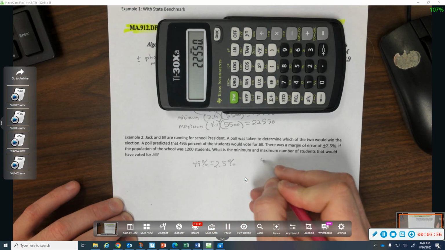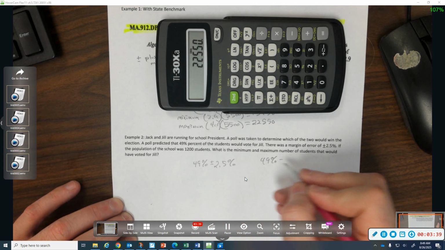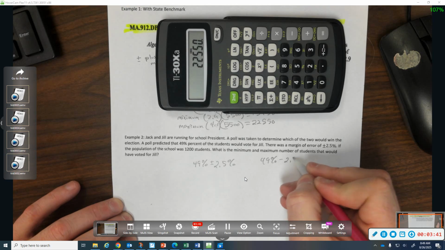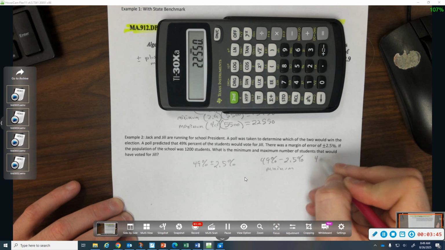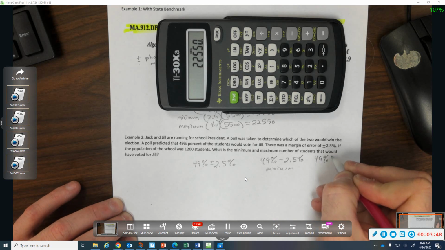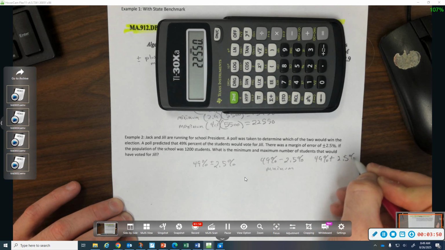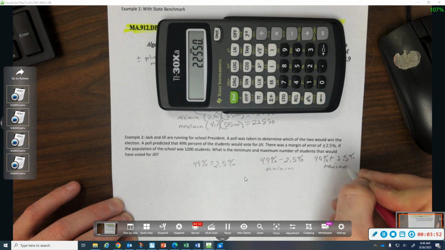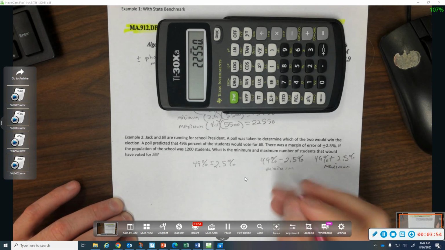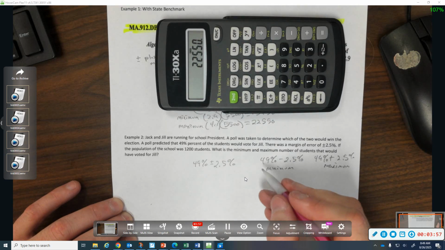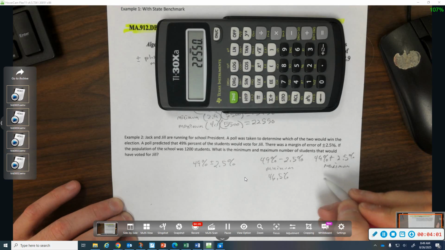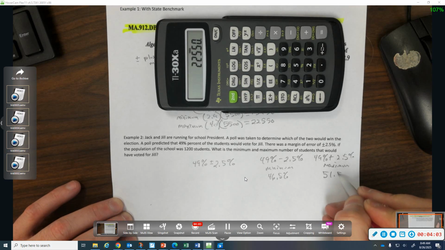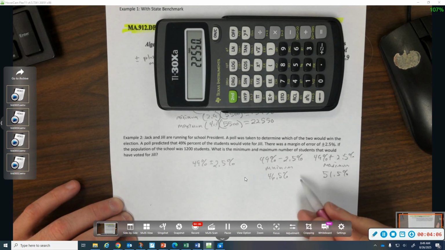I'll do the minimum first, because we're subtracting. 49% minus 2.5% gets us our minimum, and 49% plus 2.5% gets you the maximum. Using your calculator, 49 minus 2.5 is 46.5%, and 49 plus 2.5 is 51.5%. Now, these are the range of potential voters.